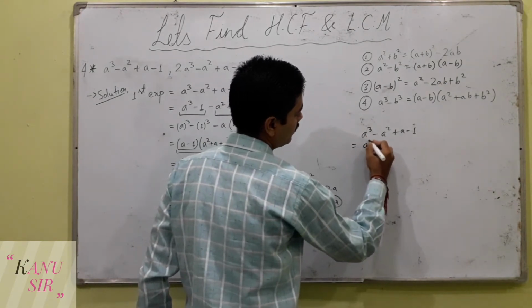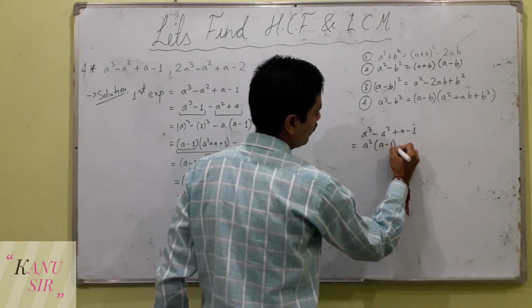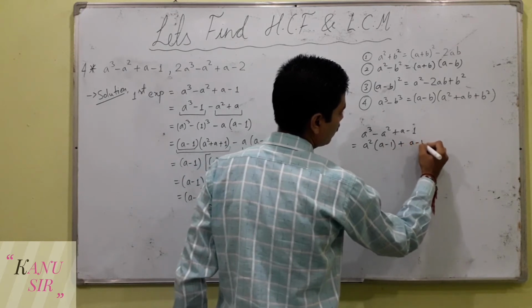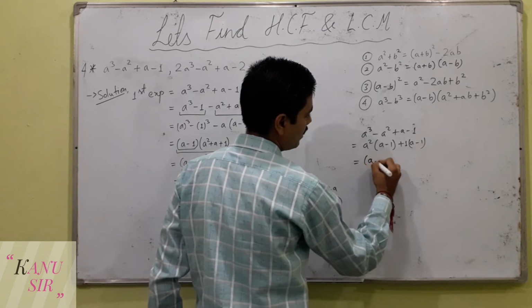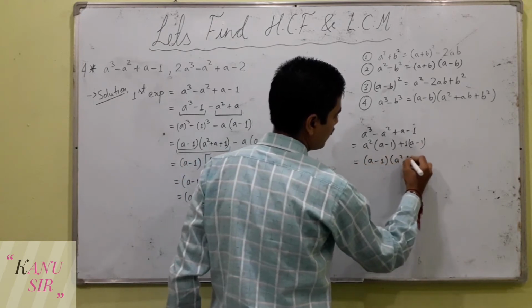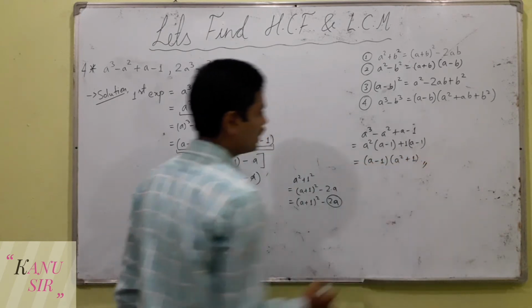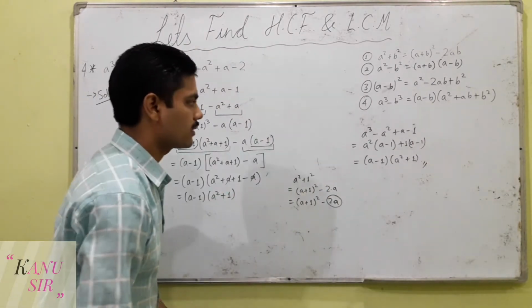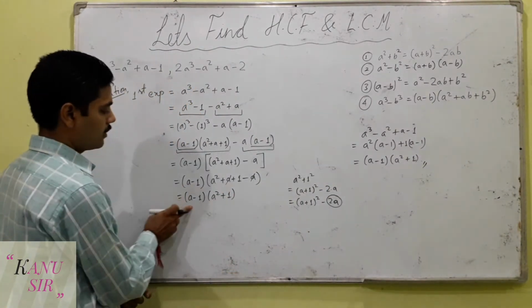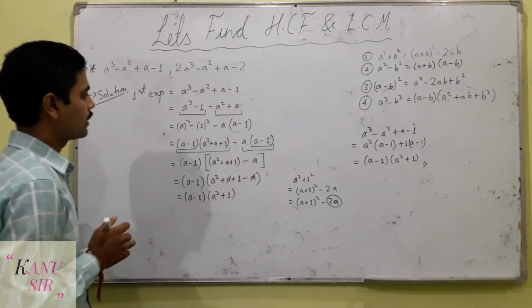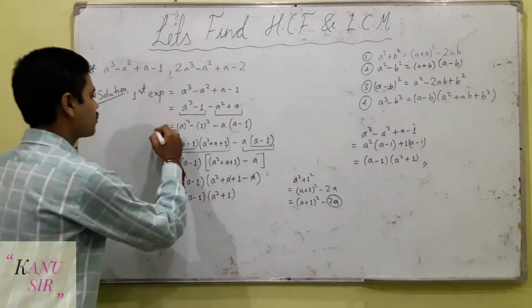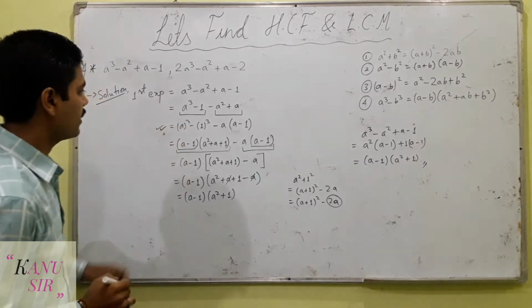Like a square is common, we will get a minus 1 plus a minus 1 is common because there is 1. Then you will get here a minus 1 and a square plus 1. Actually, you got the answer in 3 steps. You can see the answer is matching in just 3 steps. But here I have used one extra step to make you understand.